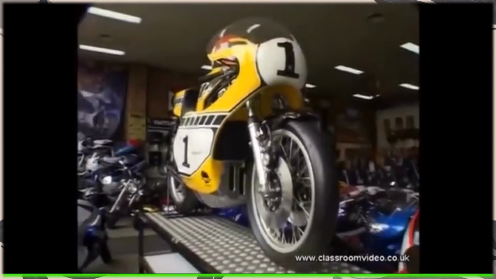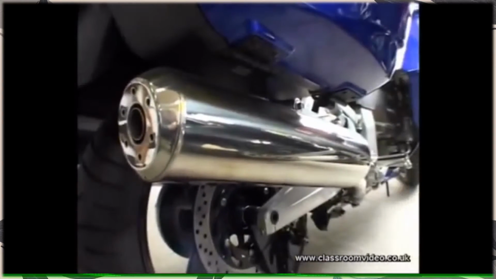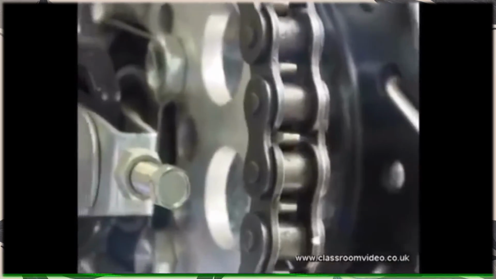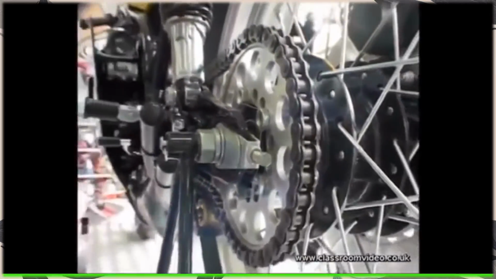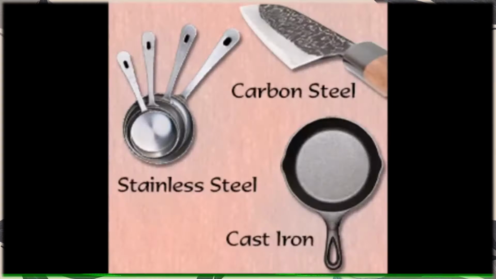So, if ferrous metals means metals that contain iron, non-ferrous metals must mean metals that don't contain iron. So, examples of non-ferrous metals are aluminium, copper, titanium, zinc, and tin. All of these examples are non-ferrous, and therefore they do not contain any iron.